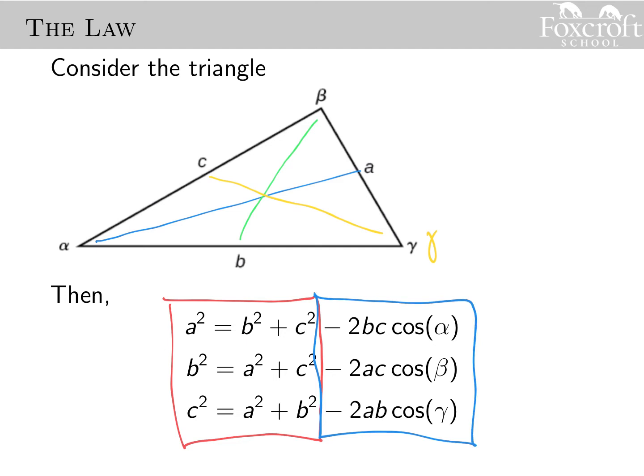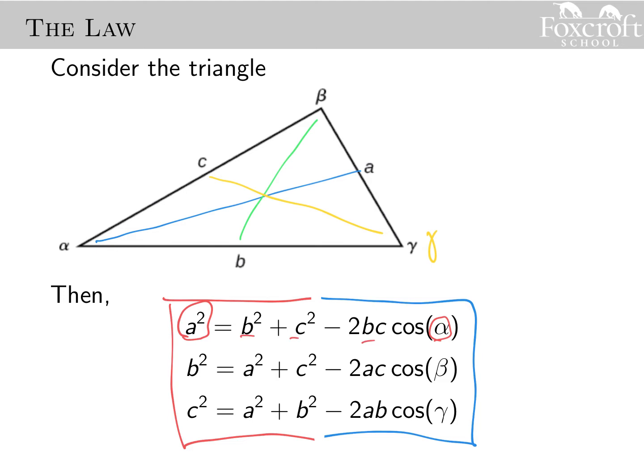Again, just like always, you don't need to worry about memorizing these formulas. I know that they do exist. There's a way to relate the sides of a non-right triangle, but you do need to know some information about your angles as well. So this is the law of cosines. One thing you can see is that the side and the angle only come up once, and all the other sides come up multiple times.